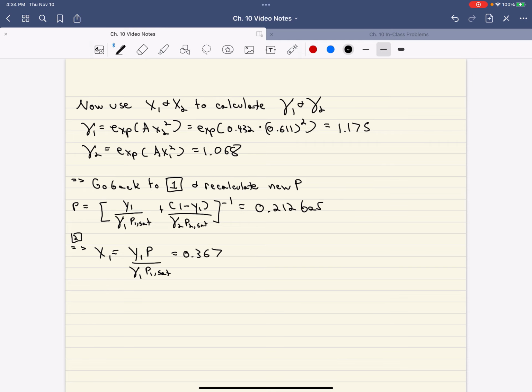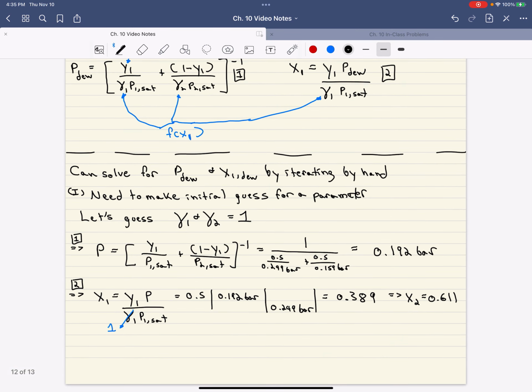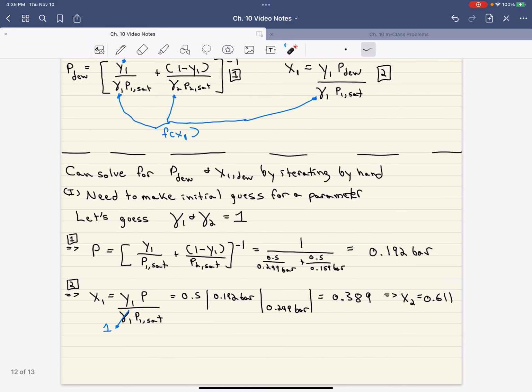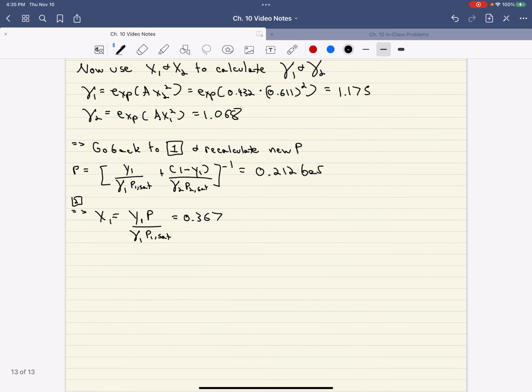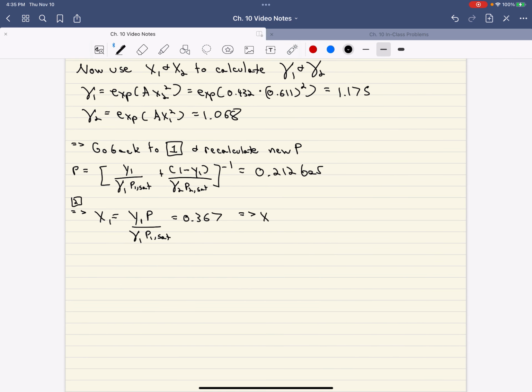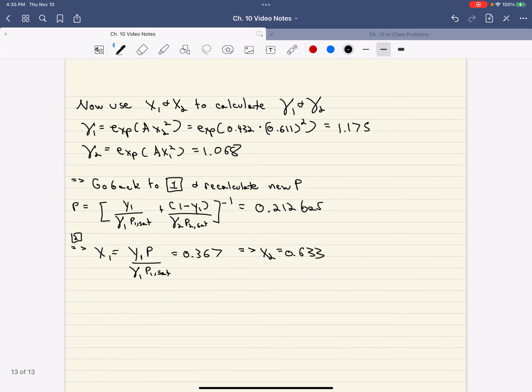So now it's 0.367, so that's lower than the x1 value we had on our first iteration. And we also get x2 is equal to 0.633. Okay? Alright, and now that we have these new x1 and x2 values, we can then use them to go back and calculate gamma 1 and gamma 2. And so you keep repeating these iterations until your new guesses are basically the same as the old guesses.